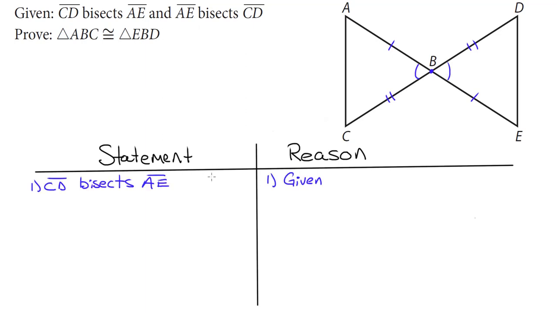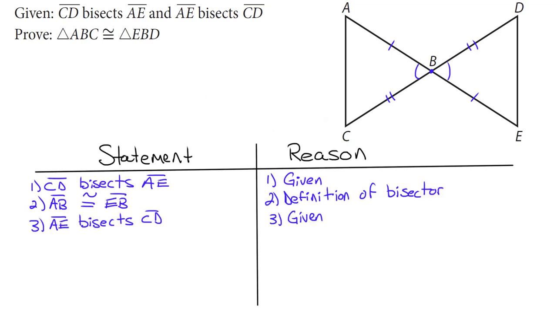So our first piece of given information is that CD bisects AE. That tells us that AB is congruent to EB, and that's definition of bisector. Our next piece of given information is that AE bisects CD. That tells us that side CB is congruent to side DB.